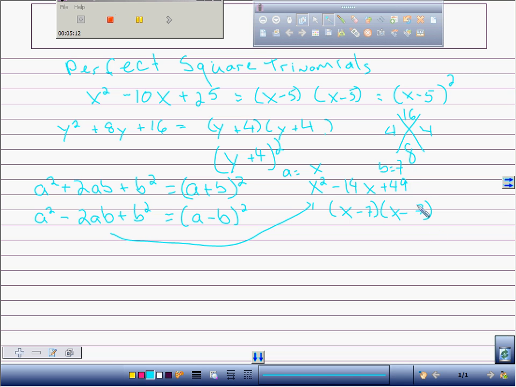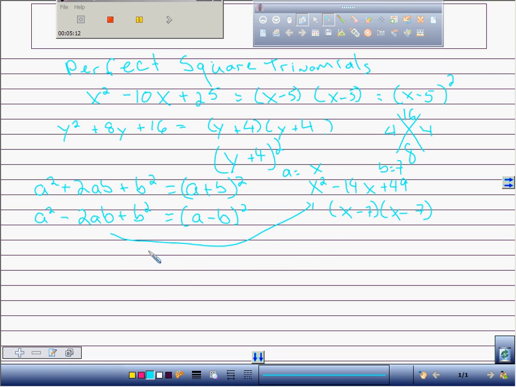And b squared is 49, and a squared is x squared. So it's just going backwards from here to here. If you have to do the cross method, it's okay, but if you recognize that the square root of this times the square root of this times 2 gives you the middle, it's a perfect square trinomial.